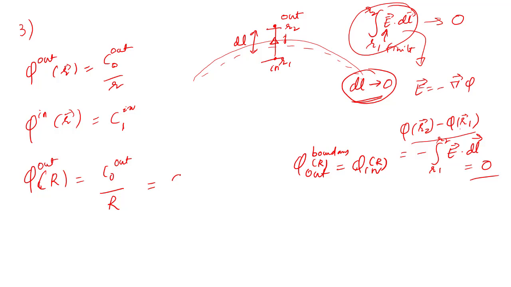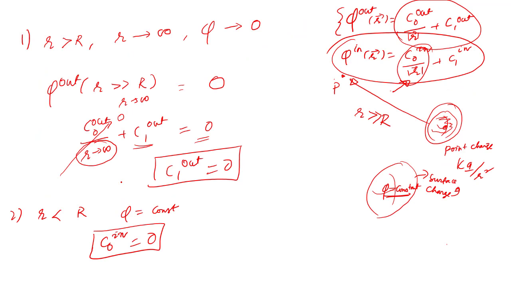And this should be equal to C1 in, which is phi in inside R. So now we have a link between C1 in and C0 out. So if we know one of them, then we can determine the other. So we only have one unknown left.